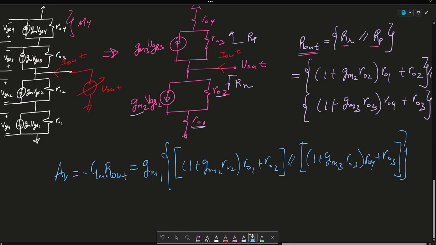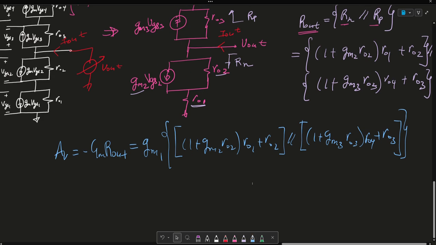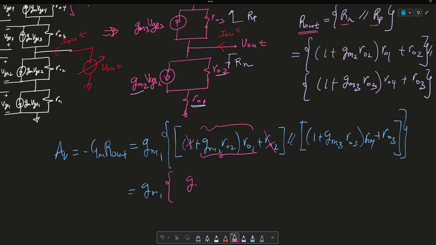But let's go ahead and try and simplify this. We can say that this is GM1, and the 1 comes out because it is negligible, and this RO2 is negligible compared to this term. So this is GM2 RO2 RO1 in parallel with GM3 RO3 RO4.